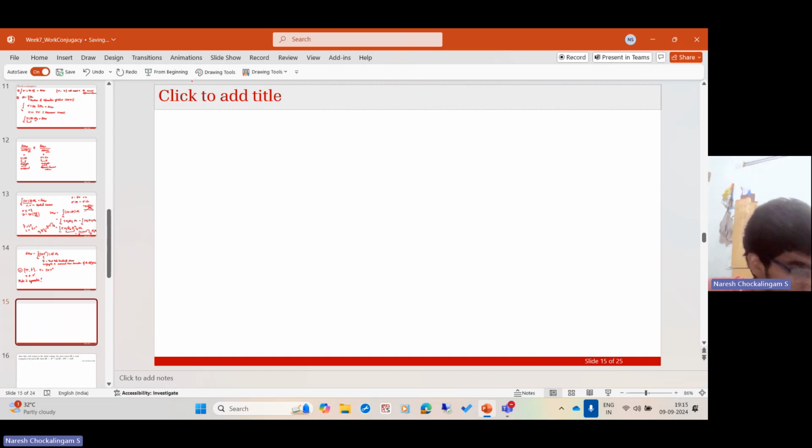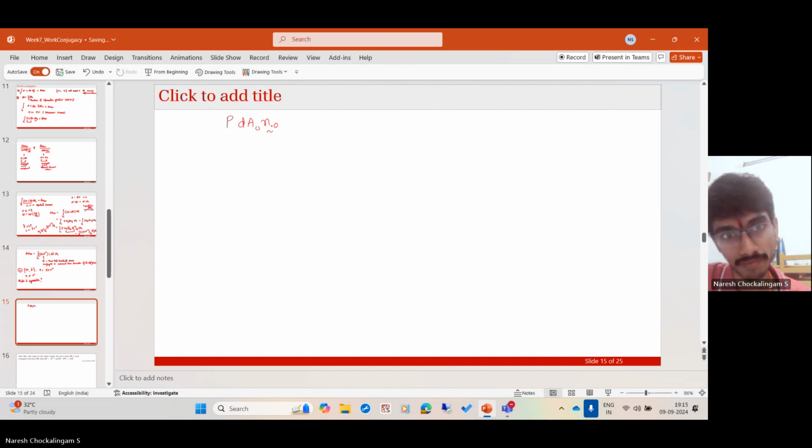So let me tell you what it means. Note that you have this P, the first Piola-Kirchhoff, acting on a reference area element.